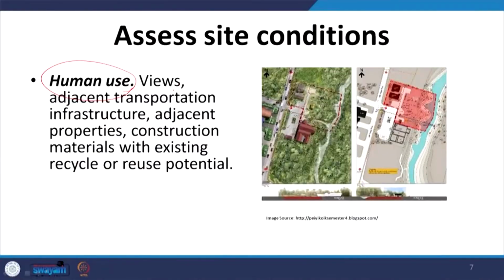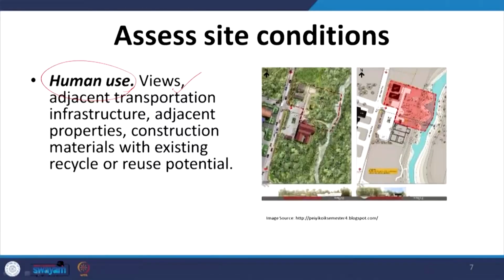Few of these are views. What kind of views and vistas are available to occupants from this site, and at what height? This may be view and vista to natural scenery which is available around, or it may also be some iconic structure which may be there in the vicinity. It may be something else also. So, the views to that.